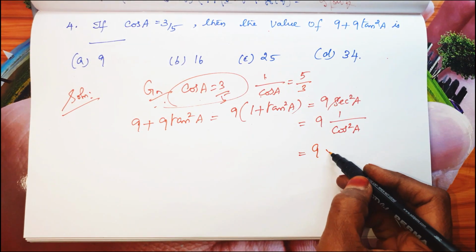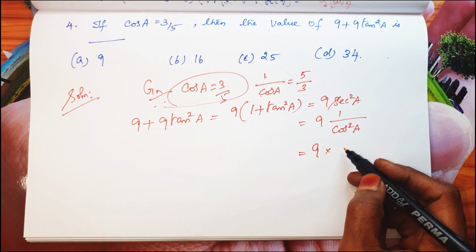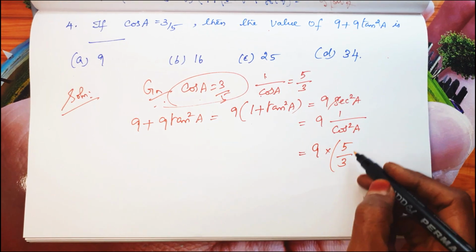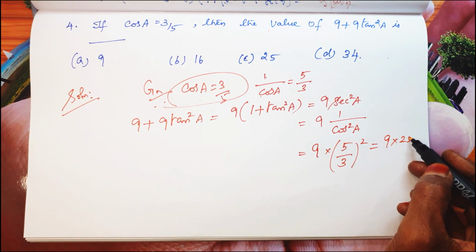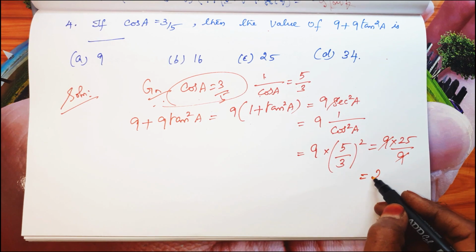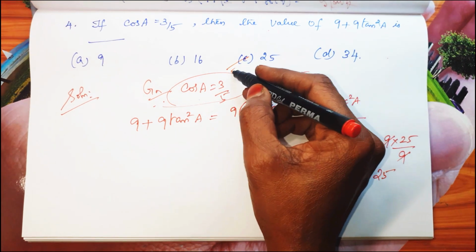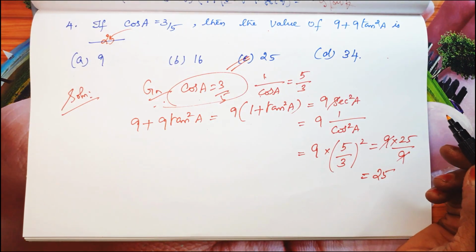So 9 into square of this. So 5 by 3 the whole square, which is 25 by 9. 9 and 9 we can cancel. So answer here is 25. It is option number C.